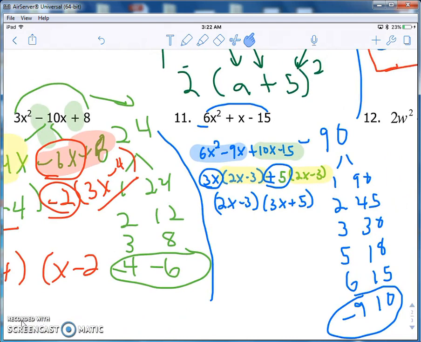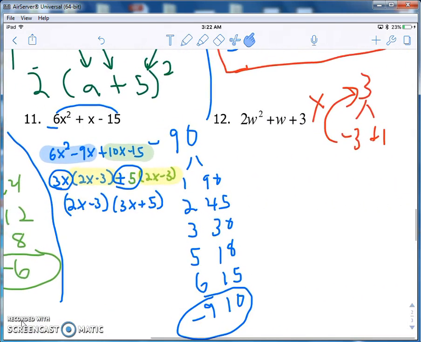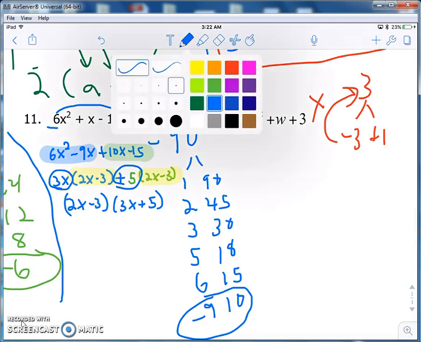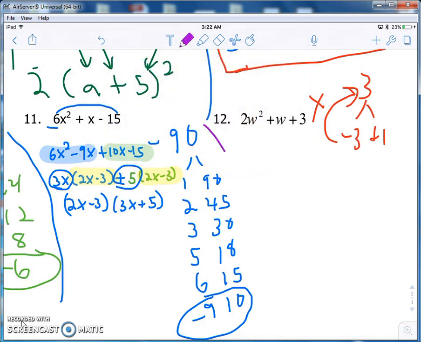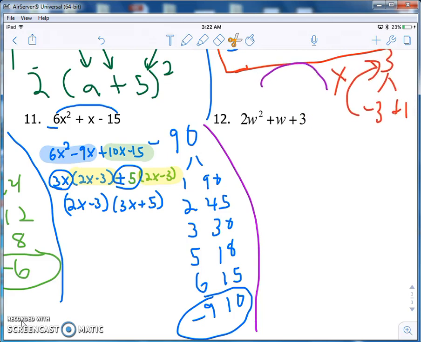Let's look at 12. We have a number, a is not 1, so we're going to find our master product. 2 times 3 is 6.